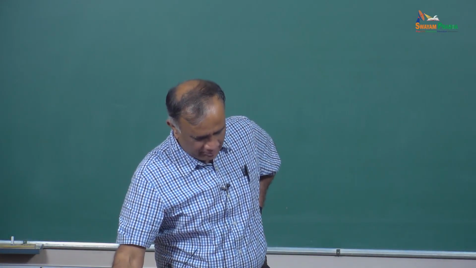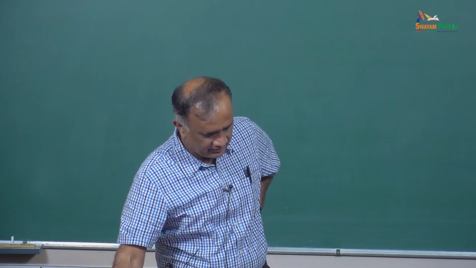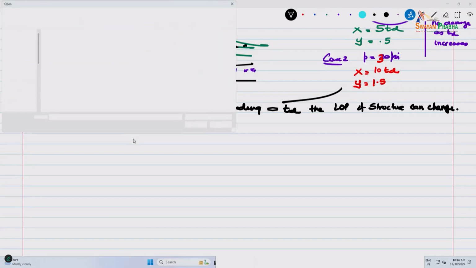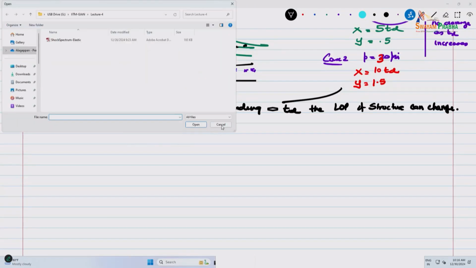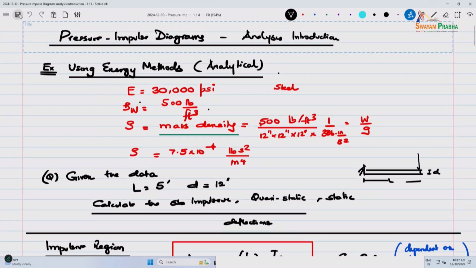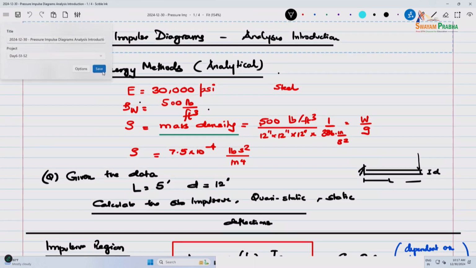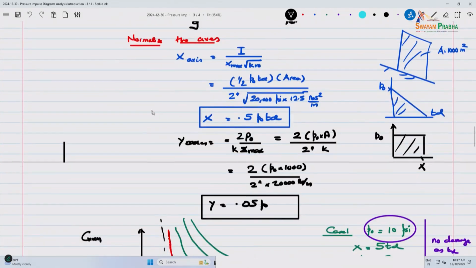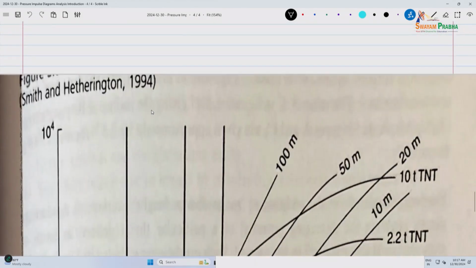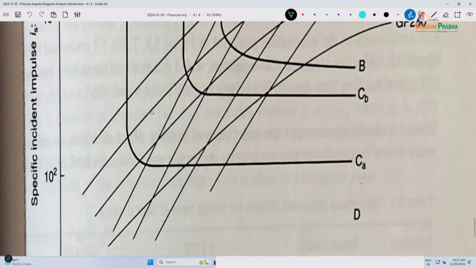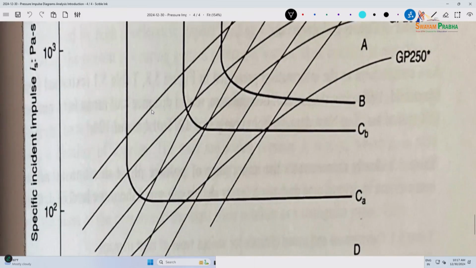So, as an example, okay. If you see here, this is specific incident impulse.